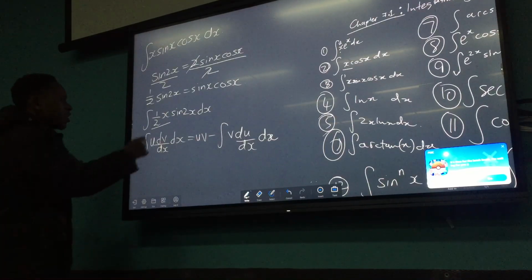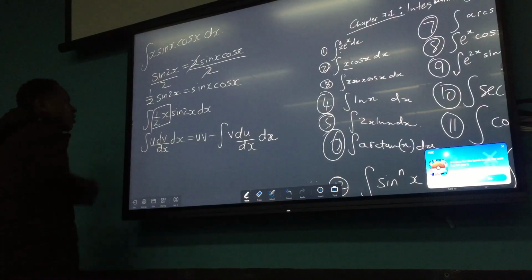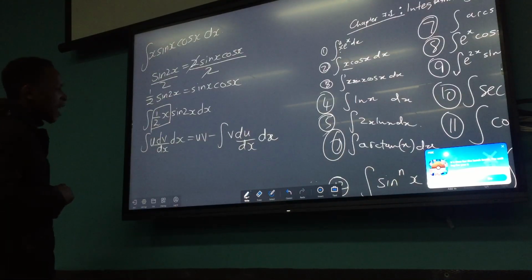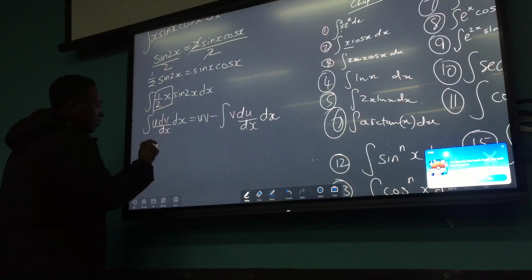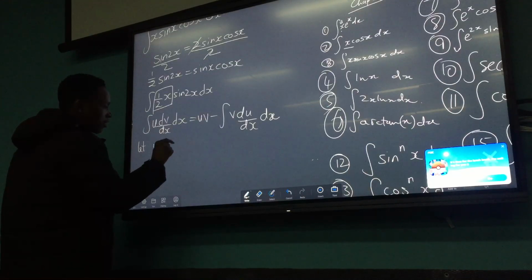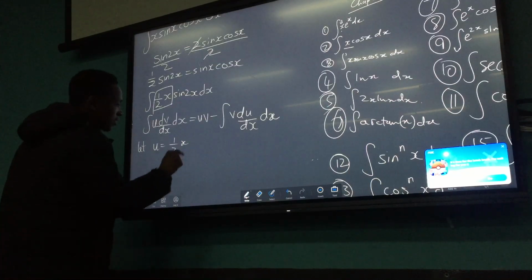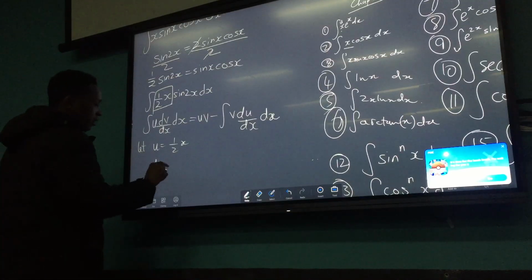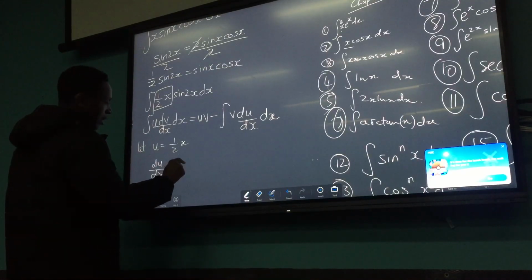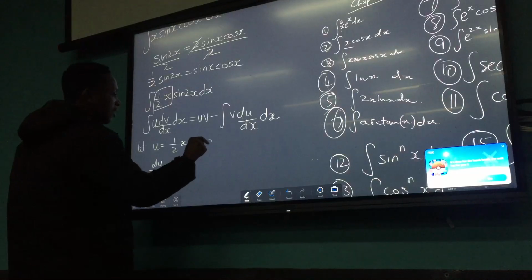You include it when you pick your u, right? So I have chosen my u to be half x in this case. So let u equals 1 over 2 x. It means du over dx becomes half, right?